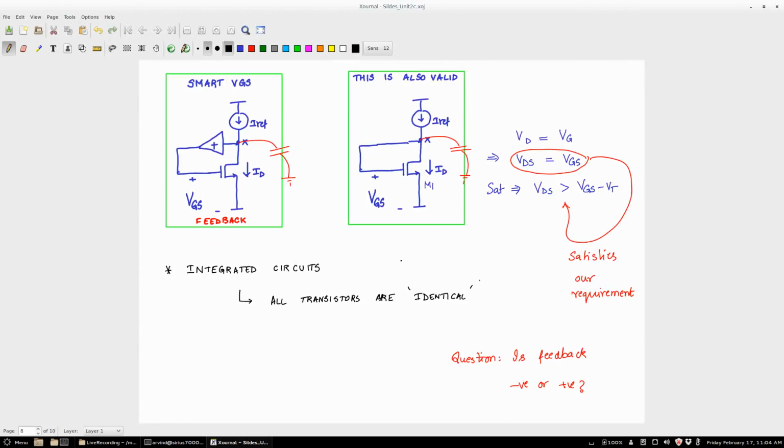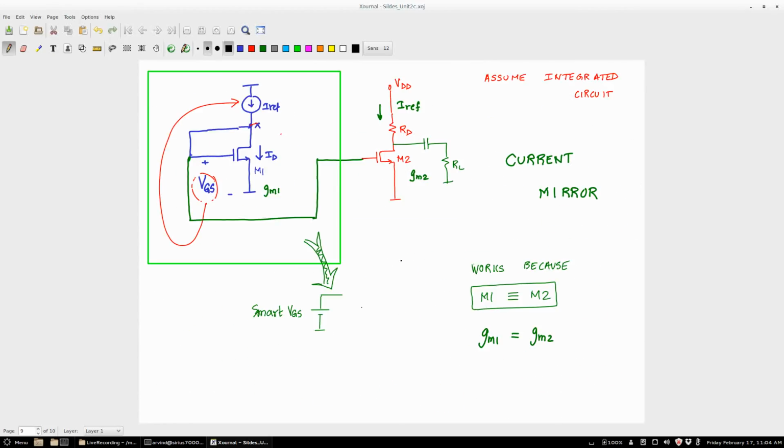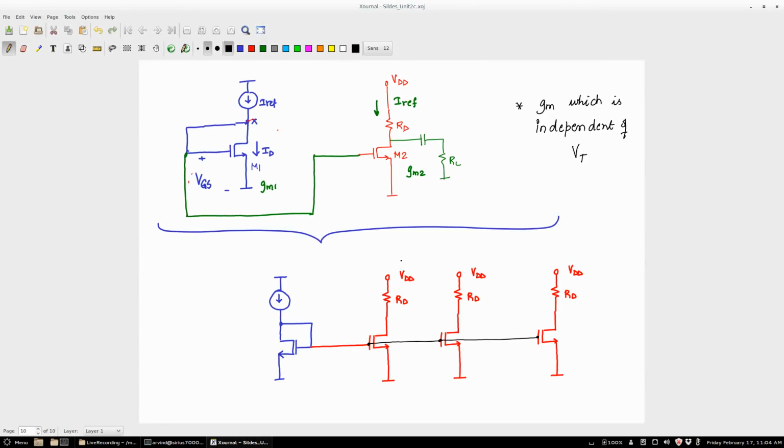GM is not independent of current. Then there's no point doing anything. What's your GM? GM depends on current. That's how we state it. GM is dependent on current, correct?